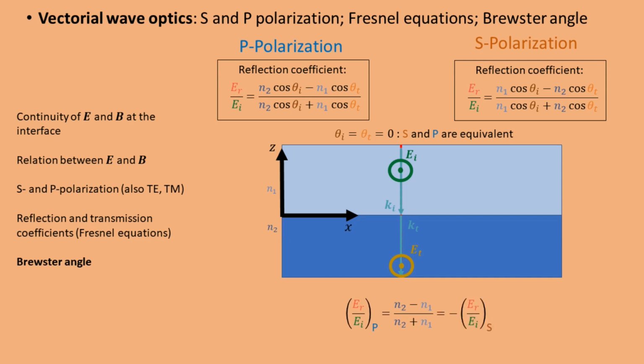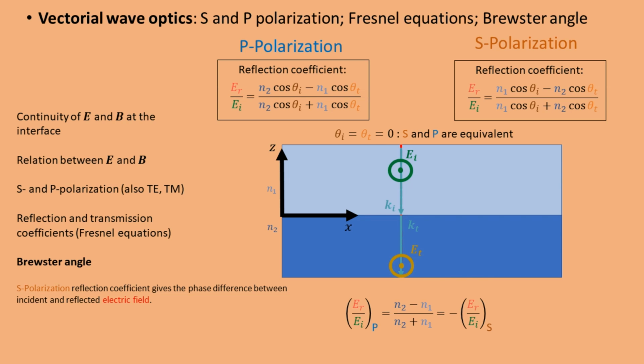How come? Remember that when deriving the reflection coefficient for S polarization, we started with the continuity equations in terms of electric field amplitudes, so the sign of the S-polarization reflection coefficient indicates the phase shift of the electric field.